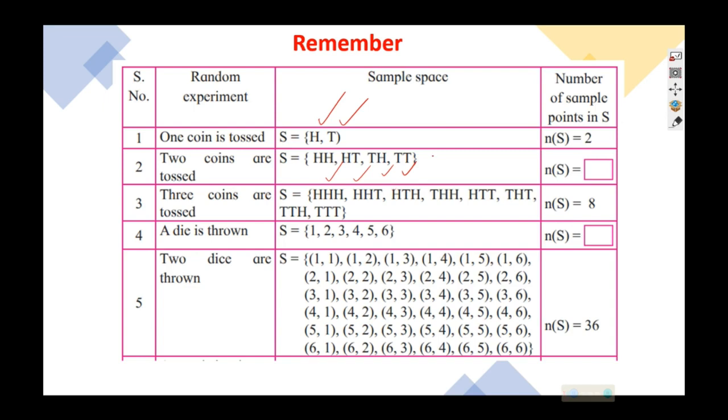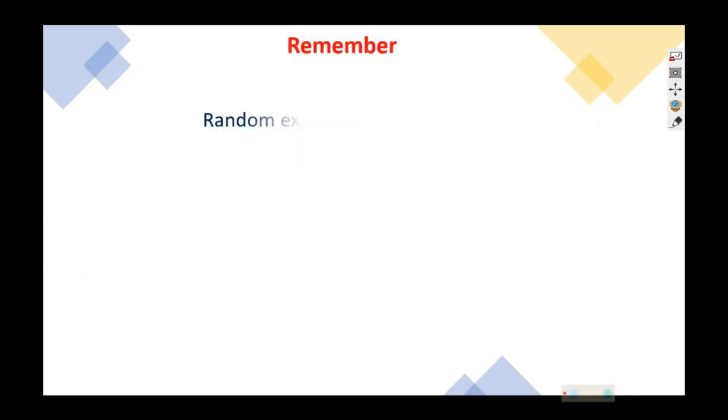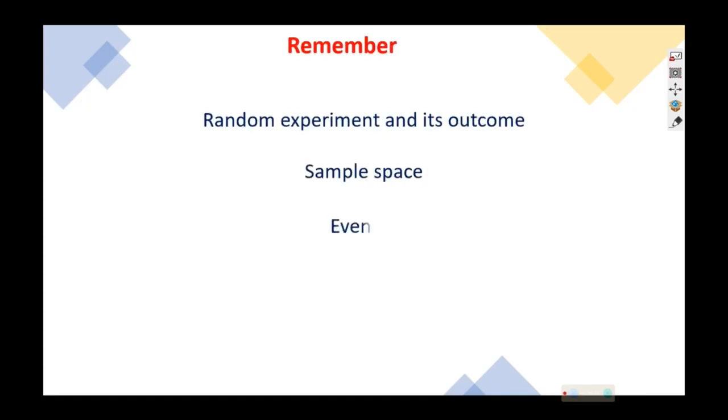Uska number hai sample points. So we have already done the video on it, and we have got this particular conclusion from that. Using that conclusion and our experiment on sample space, event, and chance or probability of an event, what are the sample spaces of an event we have gone through. We are simply extending that knowledge here.